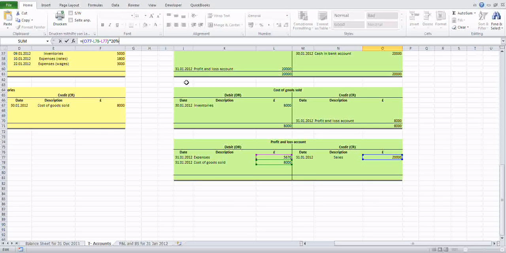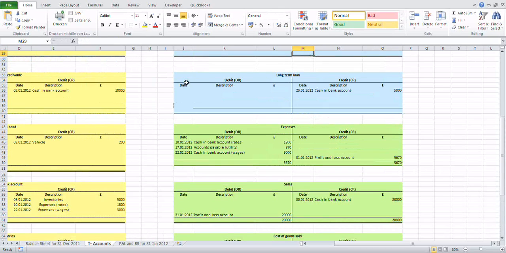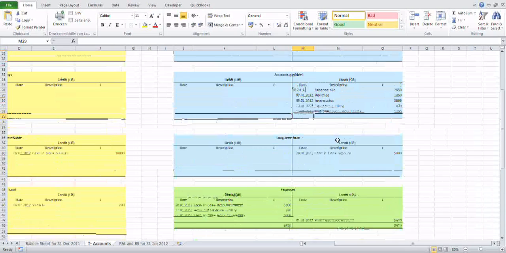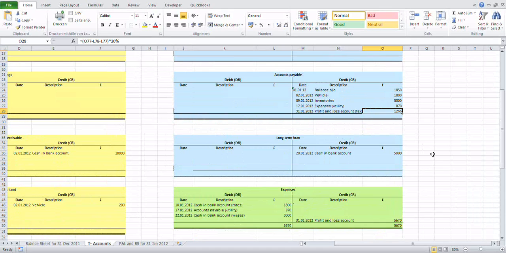Now, if you put it in that format, don't forget the percentage sign, otherwise it will be completely wrong. Let's hit the enter button. Let's check the results right here. 1,266 is the profit and loss account corporate tax.